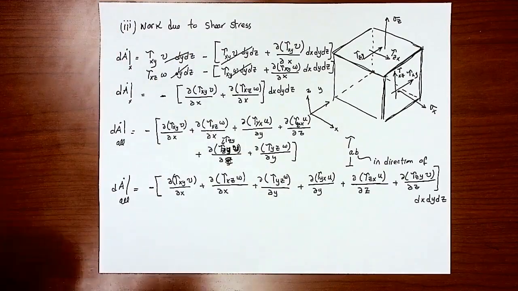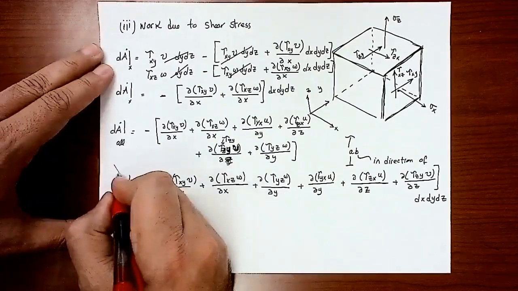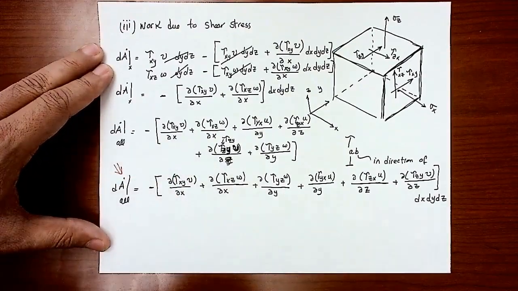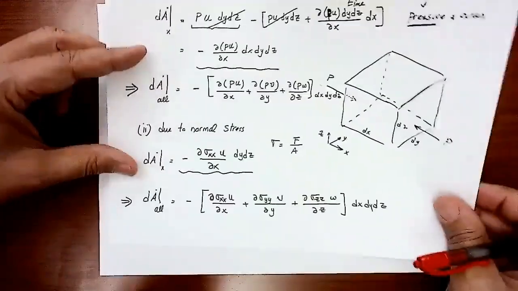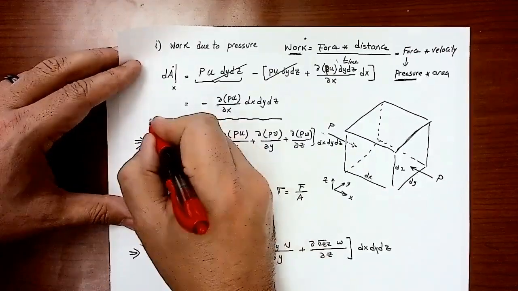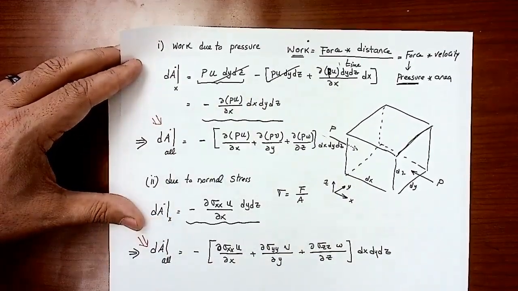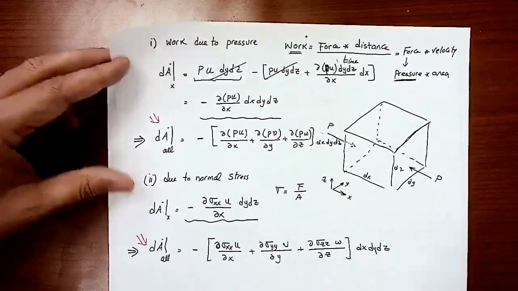Now you need to combine the one relative to the shear with the one coming from the normal stress and the one that's coming from the pressure. This will only give you the work done by surface force, all the surface forces in all directions.